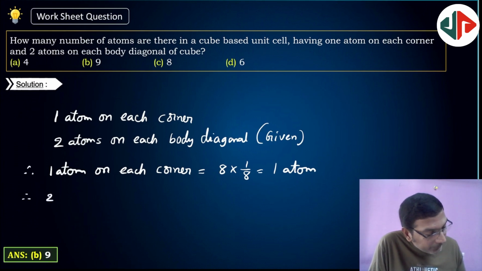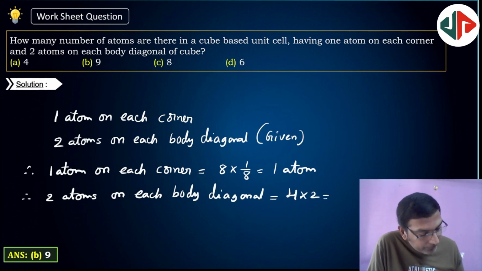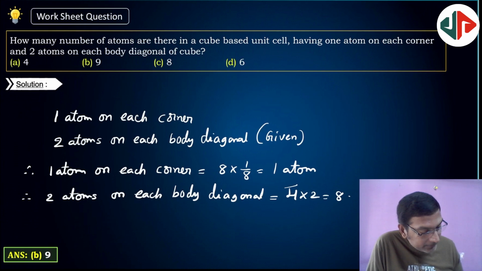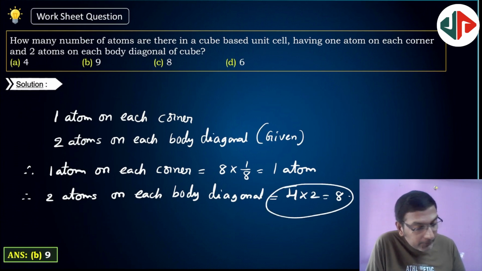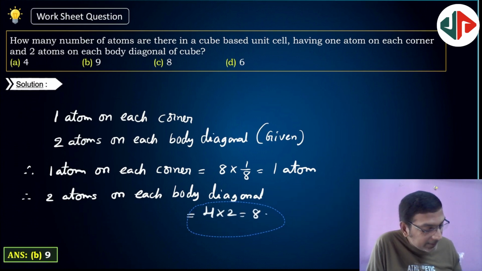Next, two atoms on each body diagonal. So we know body diagonals will be 4 into 2. Therefore 8 atoms.